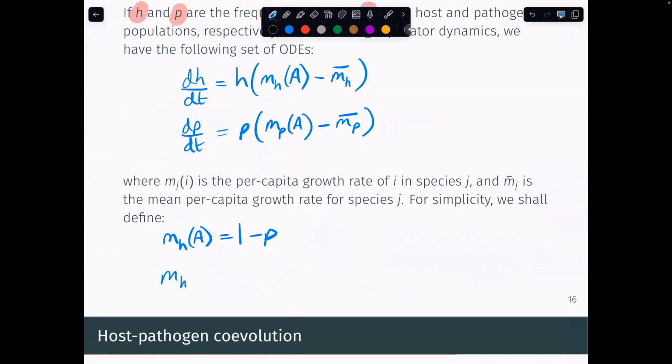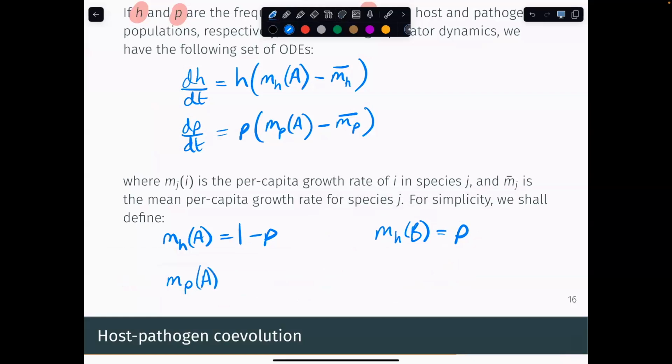For our B allele, it's just going to be the opposite of that. P is the frequency of allele A. The more allele A is around, the fitter B is going to be. And then for our pathogen, I'm going to switch these around just because I've got them the other way around in my notes. Don't get confused.